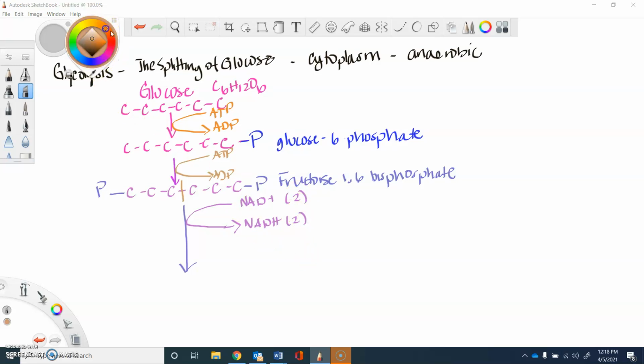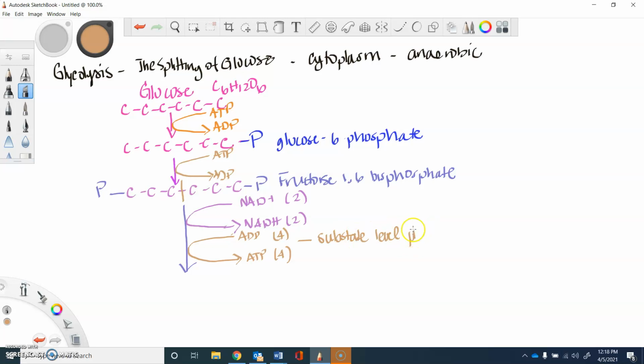We also get ADP to ATP. And we get 4 of those. Okay, and doing this is through substrate level phosphorylation. So it's direct.